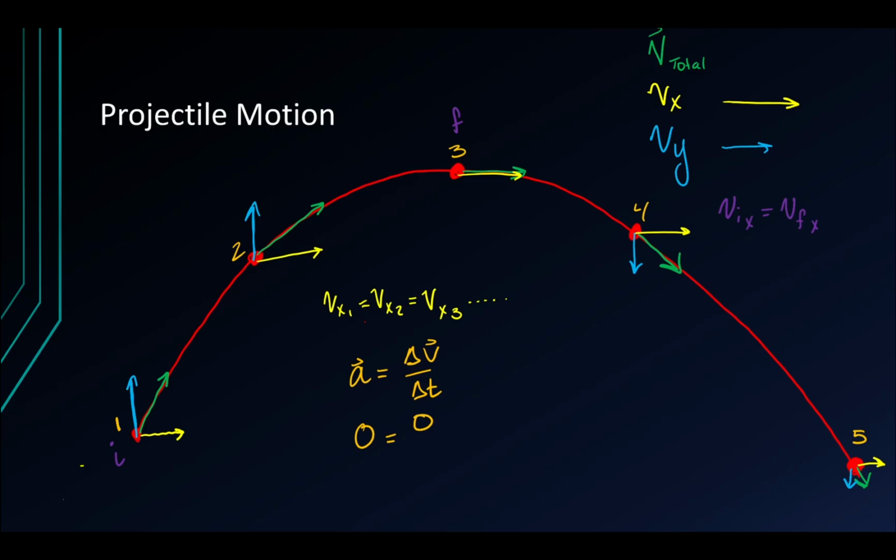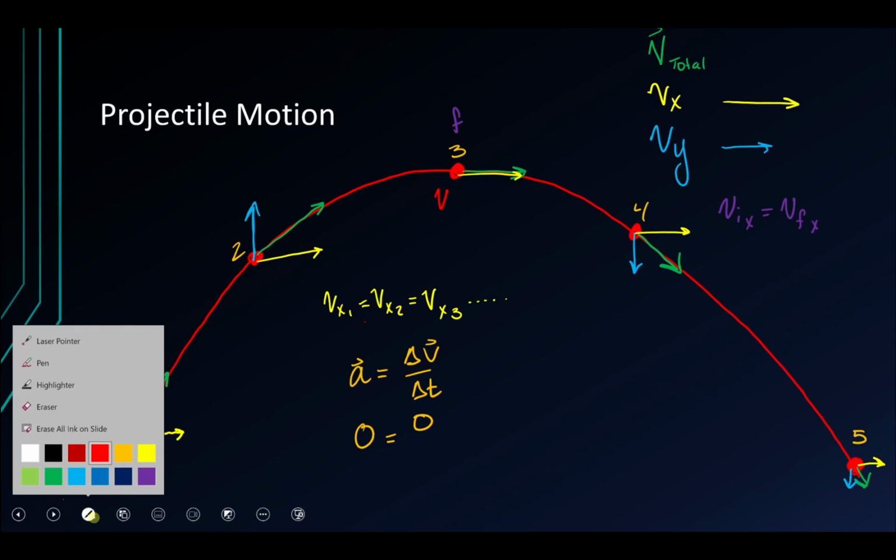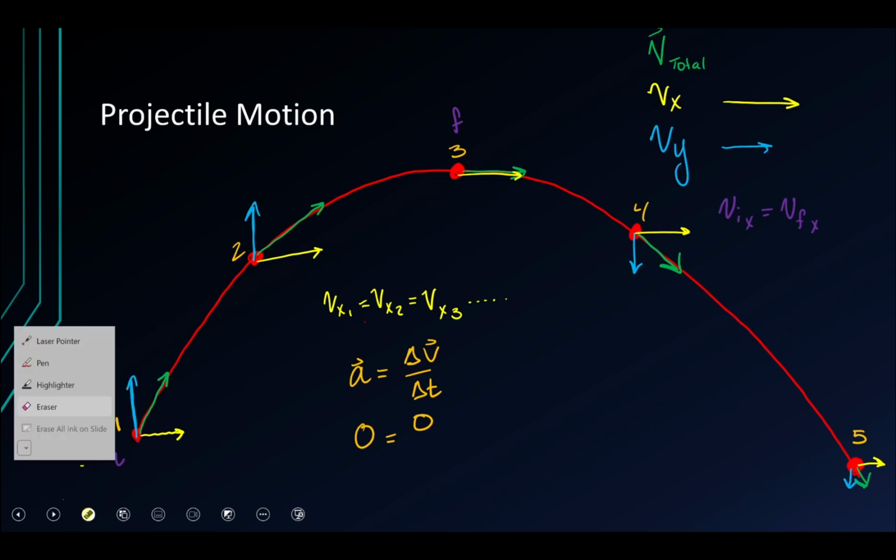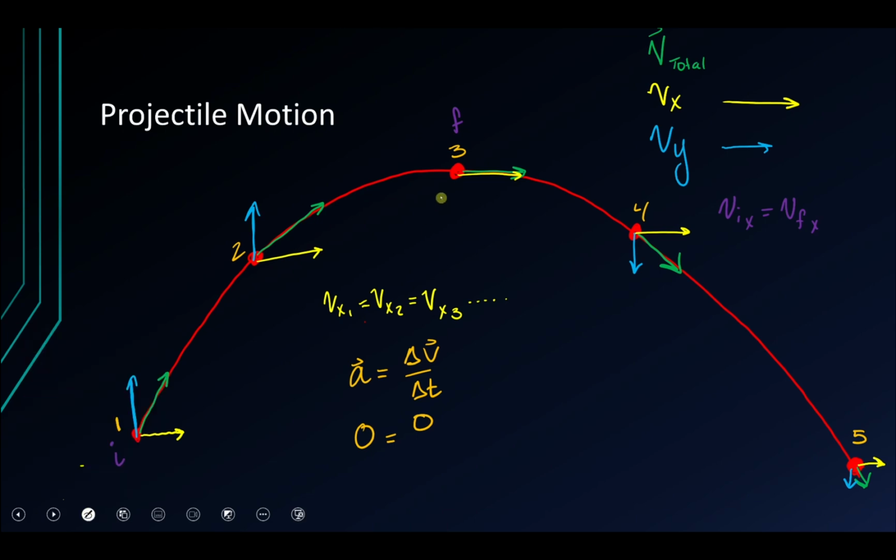So what does this tell me? This tells me that at the max height, my velocity in the y direction has to be equal to 0. It has to be equal to 0 at max height because there's no vector here, right? So I can write that the final velocity in the y direction is equal to 0, right?